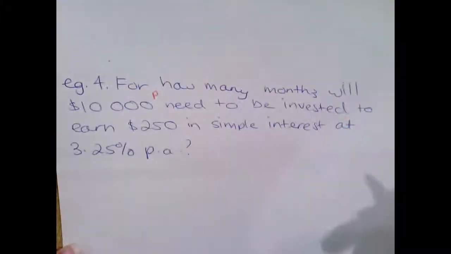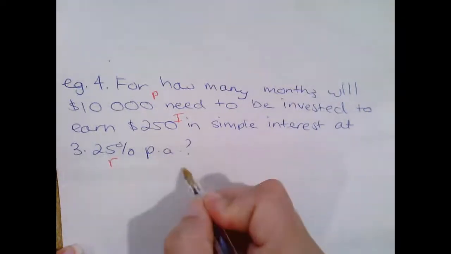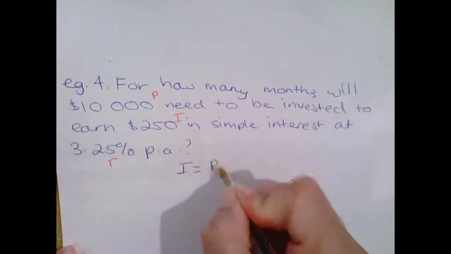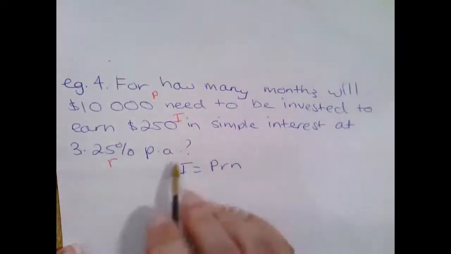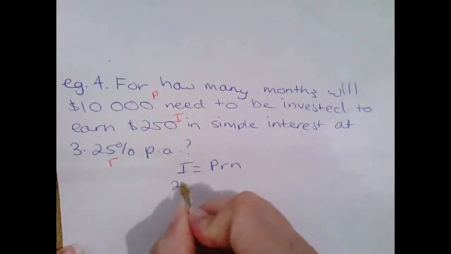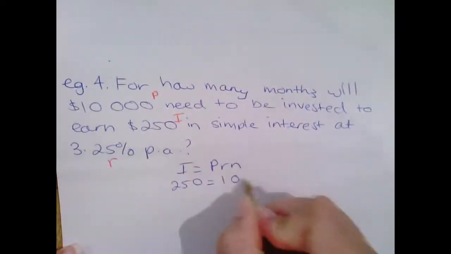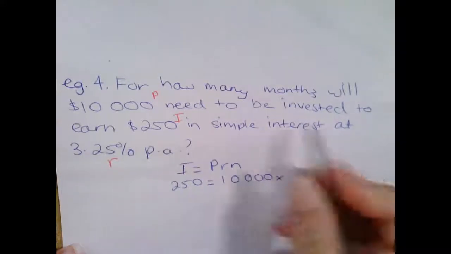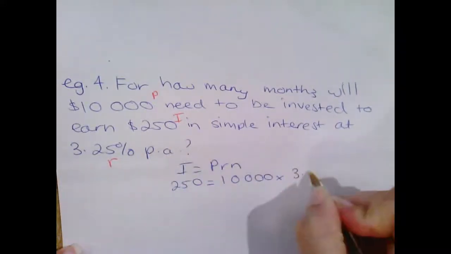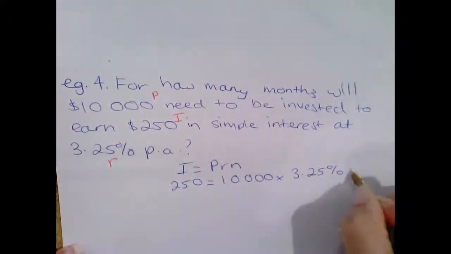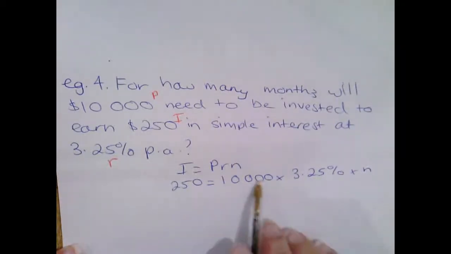That's the principal, that's the interest, and then we've got the rate there. So if I equals PRN, the interest is 250, principal 10,000 times by 3.25% times by the time.